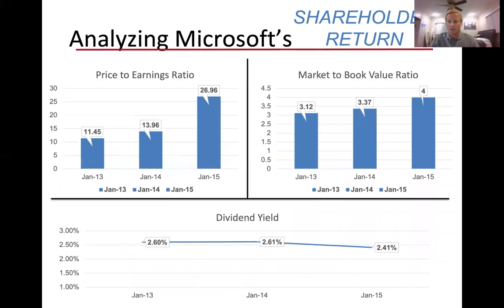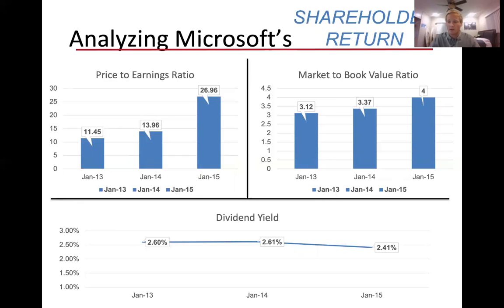Next, we have some shareholder return ratios. On the top left, we have price to earnings ratio. Their PE is actually rather high, which tells us that investors are willing to pay a higher share price because of growth expectations in the future. You can see it doubled from January 2014 to January 2015. This means that their price per share is slightly inflated in relation to their earnings per share, but just because it is high does not correlate as much to the strength of the company as it does to an inflated stock price.